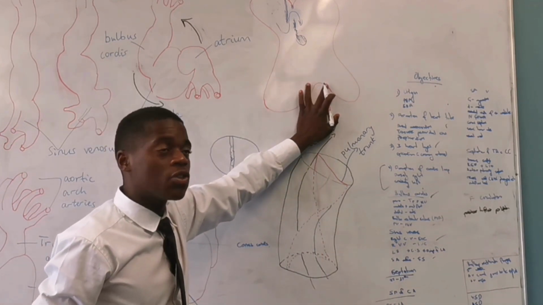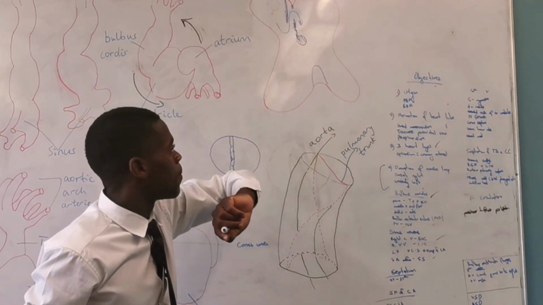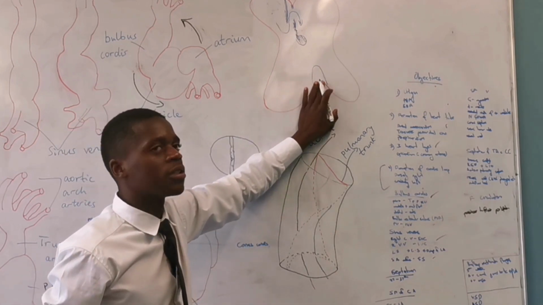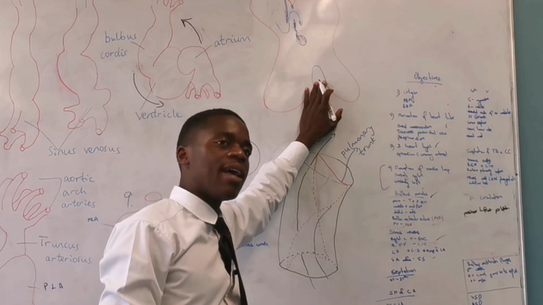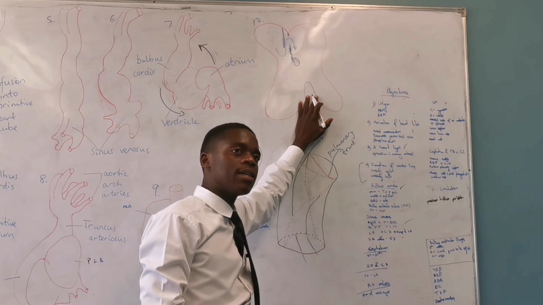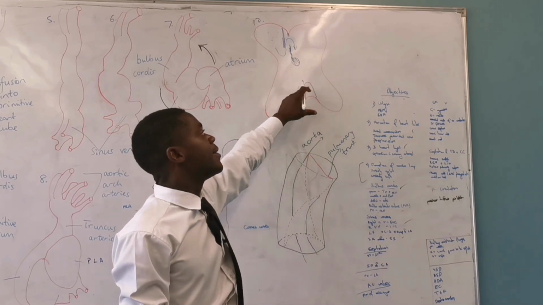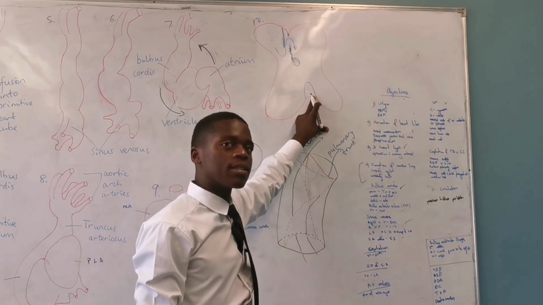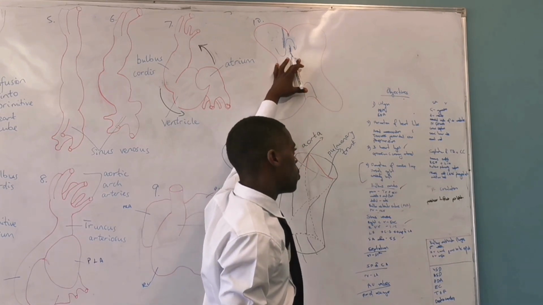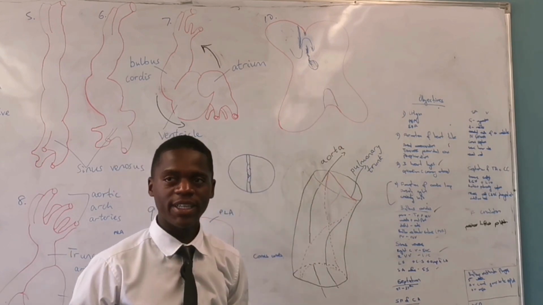Fusion of these aspects will form the muscular part of the interventricular septum. The space between that muscular part and the endocardial cushion we refer to as the interventricular foramen.